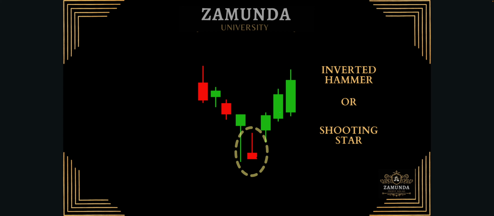So let's do a quiz to test your knowledge on what you've learned in this lesson. Is this an inverted hammer or a shooting star, also known as a shooter? If you said inverted hammer, then you are correct.